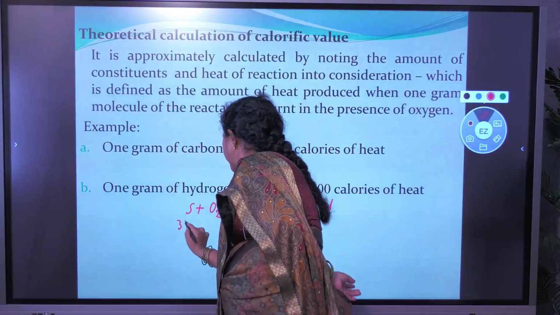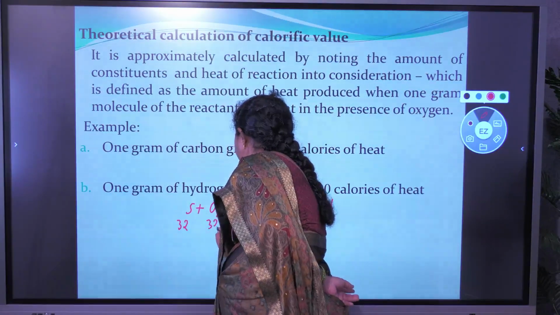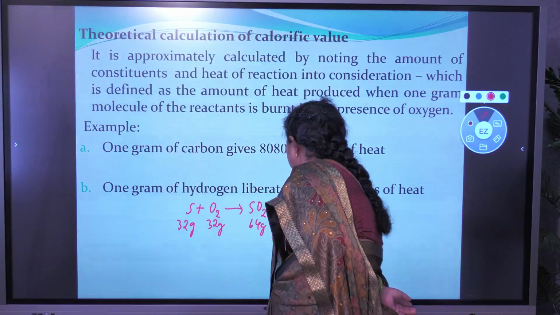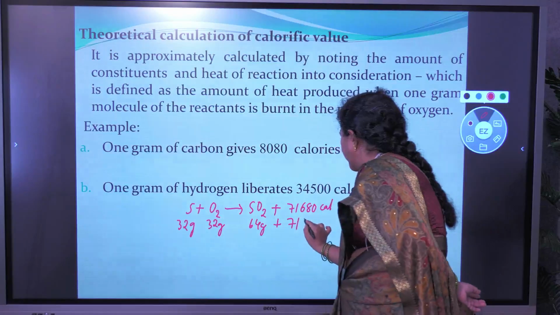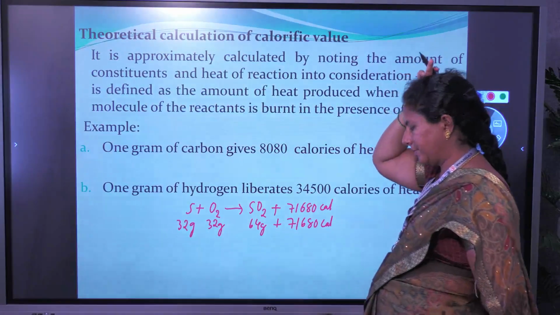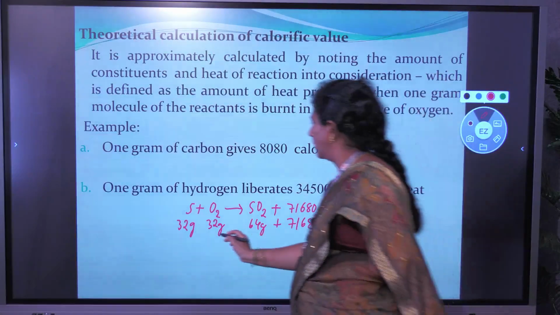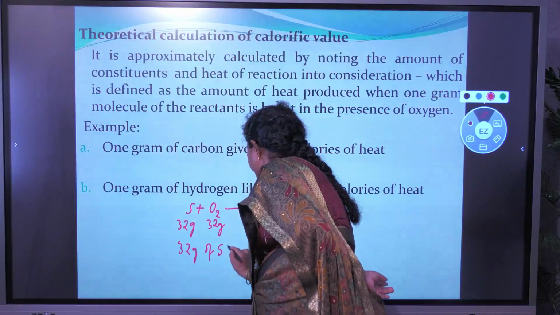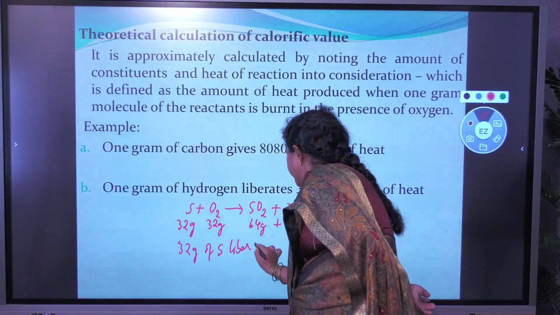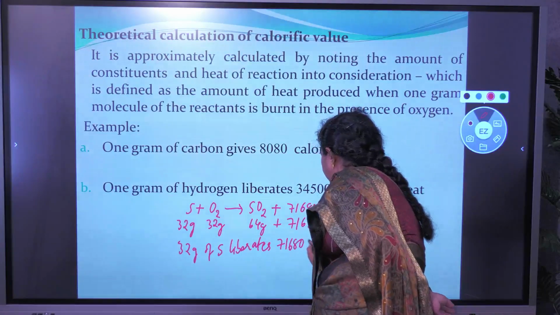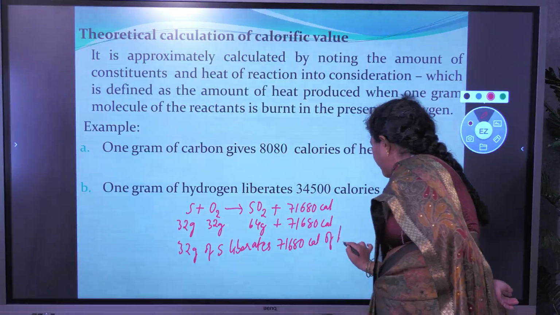So sulfur 32 grams, oxygen 32 grams, and sulfur dioxide 64 grams, and the heat liberated is 71,680 calories. So 32 grams of sulfur liberates 71,680 calories of heat.